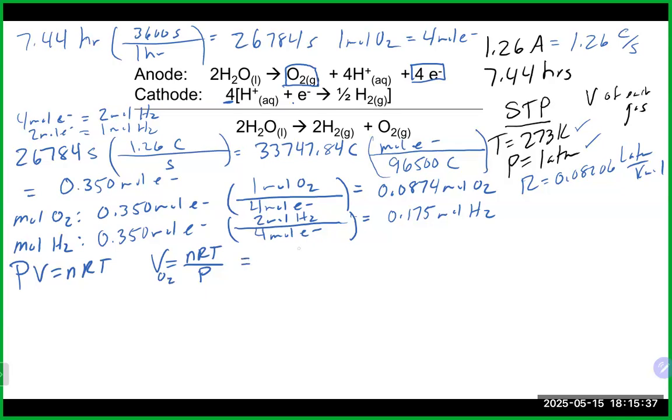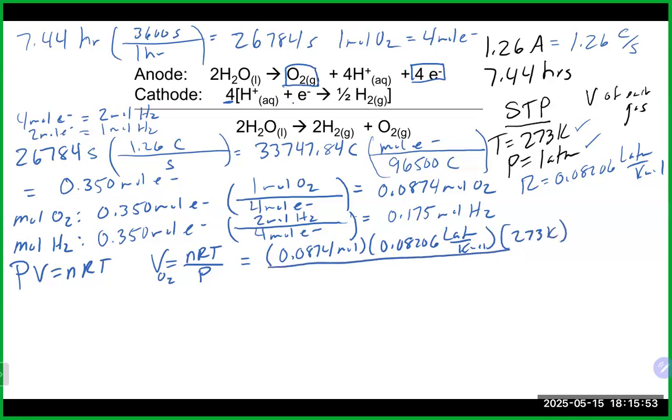So putting in our moles of oxygen, 0.0874, using our R, using our temperature, 273, and our pressure of 1 atmosphere.